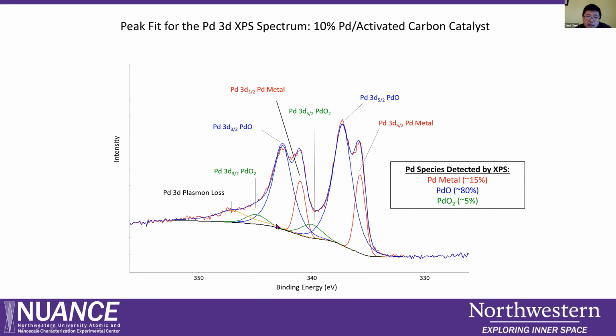This pair, this pair, and a pair for this. After this fitting, it gives you the information: the metal is 15%, the 2+ is 80%, the 4+ is 5%. So that is the advantage of XPS. It can tell you the chemical information that EDX cannot tell you.